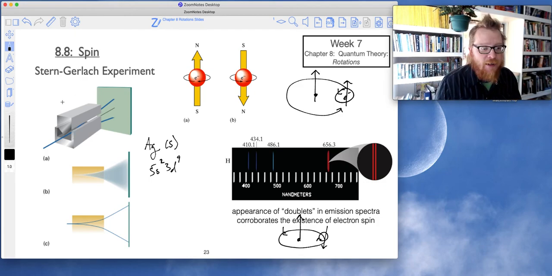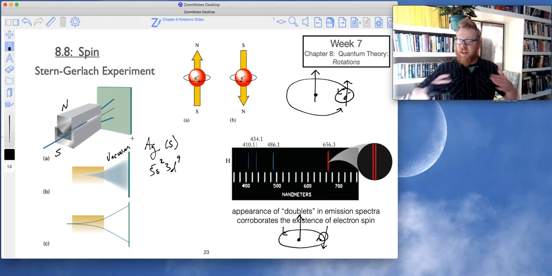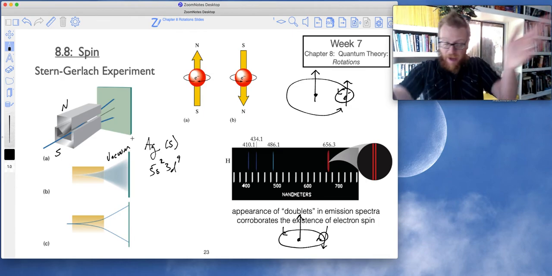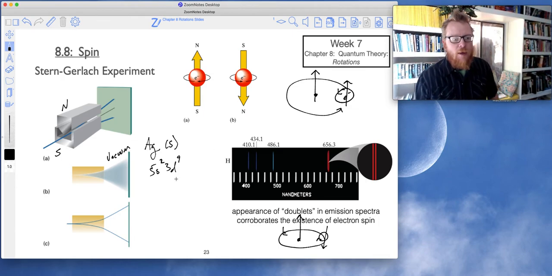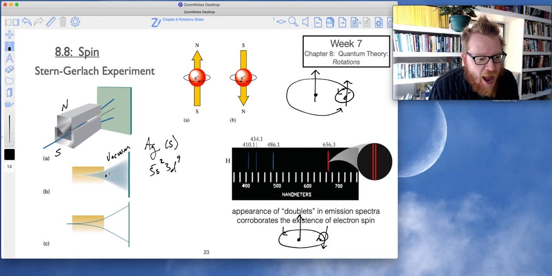And if electrons weren't spinning, then what you would expect is, as these atoms expanded into this evacuated region, so this side was vacuum, which is going to give you that throttling expansion, okay? Then what they would have expected is silver atoms would be all over the place.